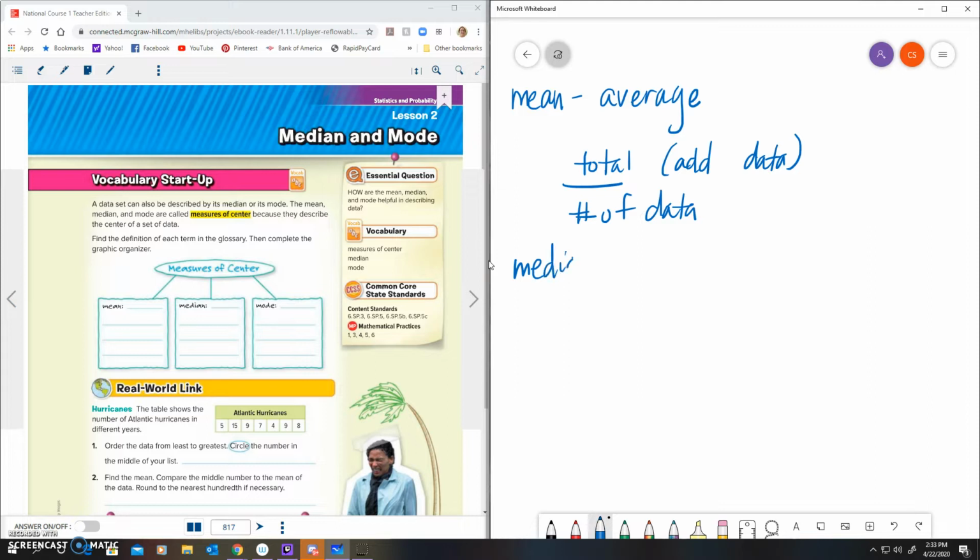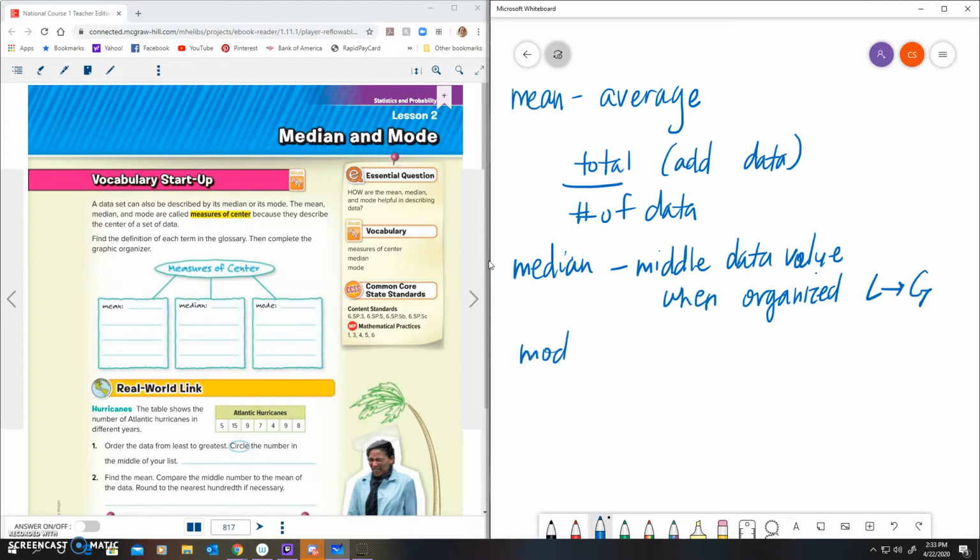Median is essentially the middle data value when organized from least to greatest.